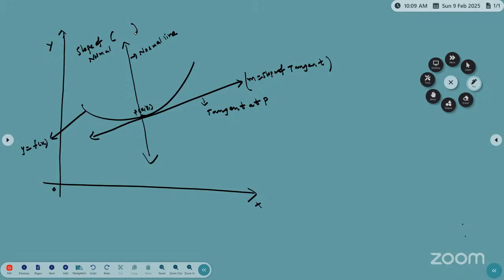This is the tangent. This is the normal. I have given the slope for which line? Tangent line. That is m. And then what is the slope of the normal line? Check the condition. Here two lines are perpendicular.